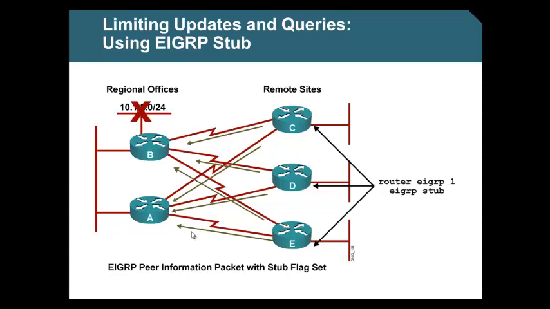As a result, a stuck in active scenario comes. B will be stuck in the active state in determining the best path for 3 minutes. After 3 minutes, those neighbors that did not respond will be removed from the neighbor list, and a new neighbor will be re-established.